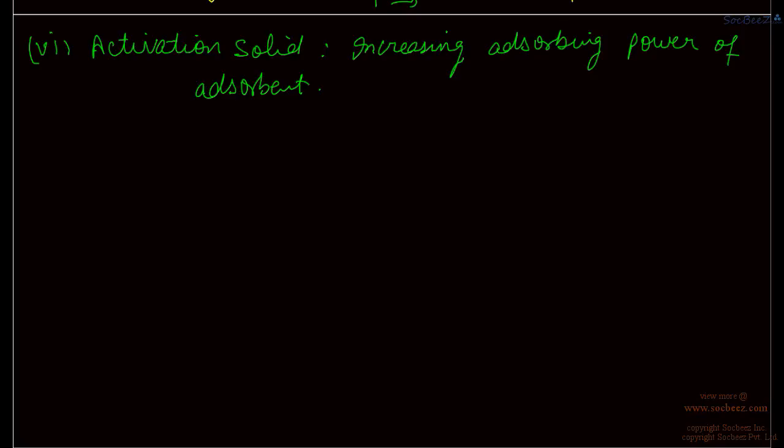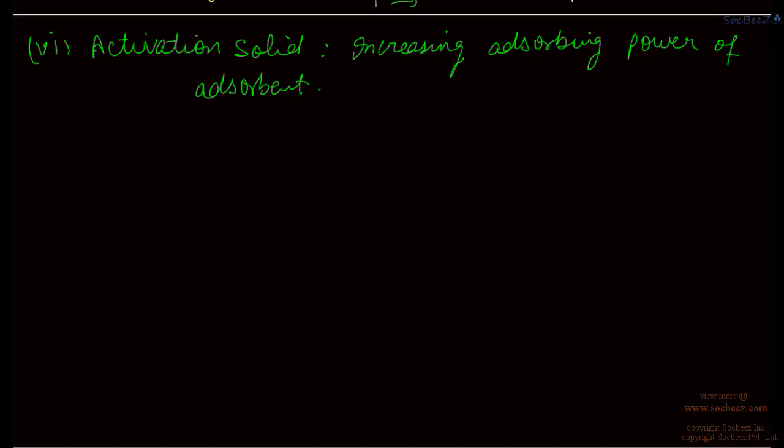If we make a solid into powder form, we increase its surface area manifold. Since the total area available for adsorption increases, this is known as activation, and hence we are increasing the adsorbing power of that particular adsorbent.